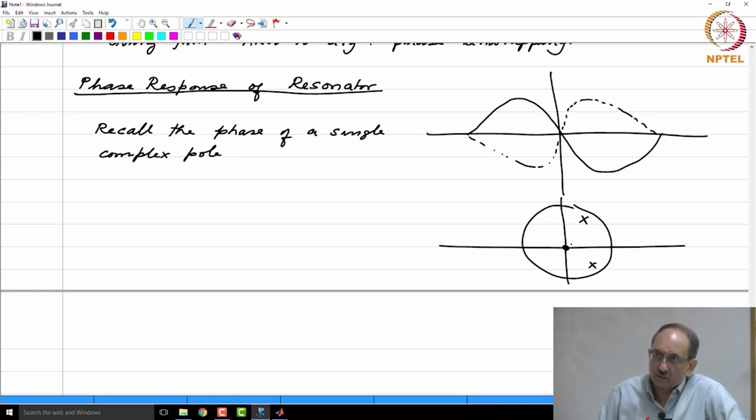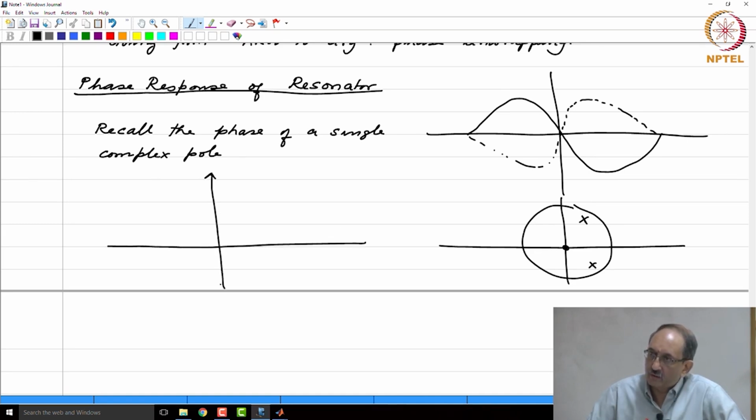So, at r e to the j theta and r e to the minus j theta, you had two poles, and if you looked at the phase response of each pole, you will see that the response will look like this. So, this is no different from this, only that the point at which it crosses 0 is now located at theta.